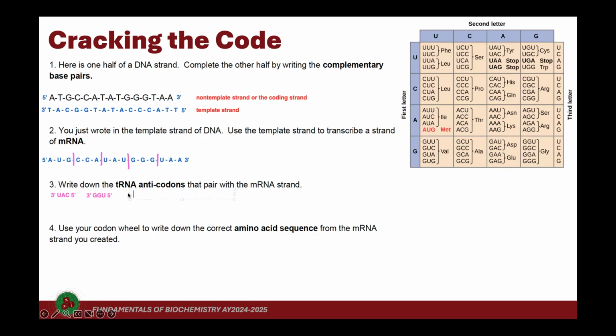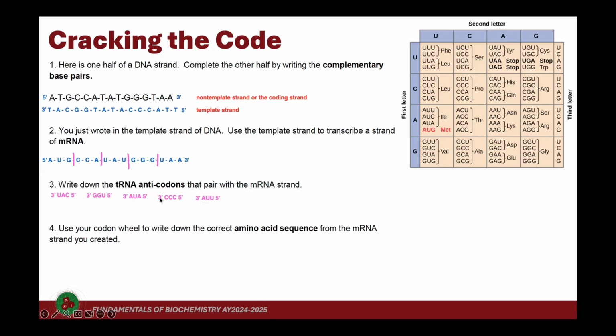For the third anticodon, 3 prime, that's AUA. For the fourth anticodon, 3 prime, that's CCC. And for the last codon, the fifth anticodon would be AUU.